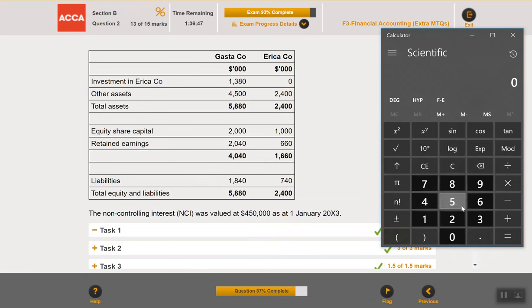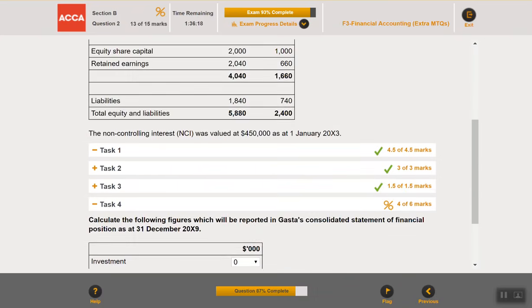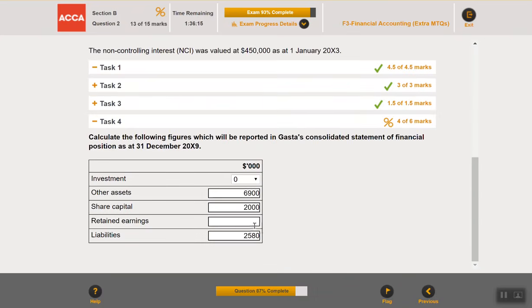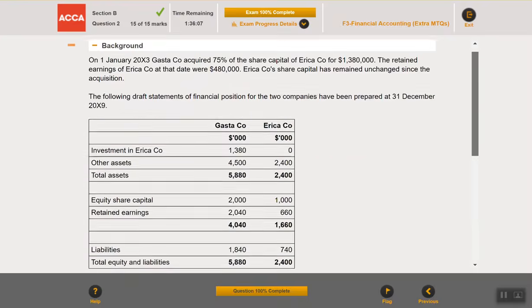So 660 less 480, multiplied by the percentage of the parent, which is 0.75. So it becomes 135. So 2040 plus 135. There is no PUP in this question. If there was PUP and sold by the parent, we would have deducted it from here. So this should give us the group retained earnings. So this completes this question as well.